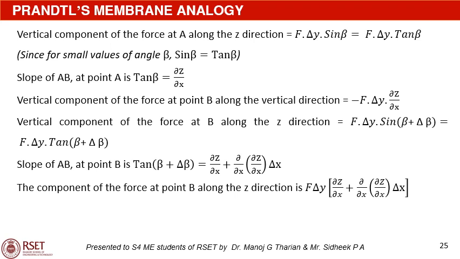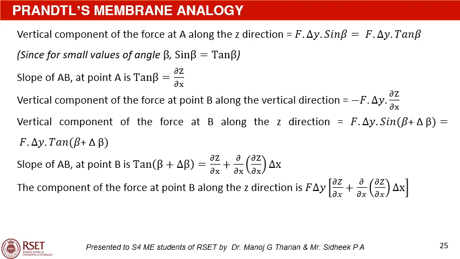The slope at point B for the curve AB is tan of beta plus delta beta, which is equal to the slope at point A plus the variation of dou z by dou x with respect to x into delta x. That is, tan of beta plus delta beta is equal to dou z by dou x plus dou by dou x of dou z by dou x into delta x.